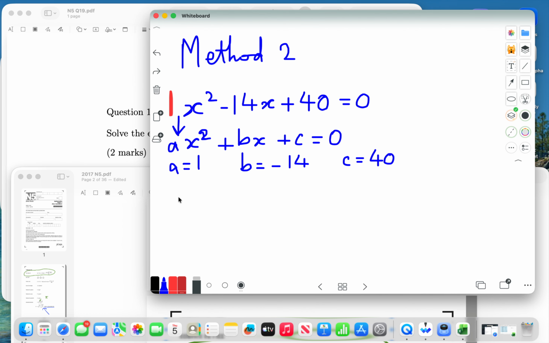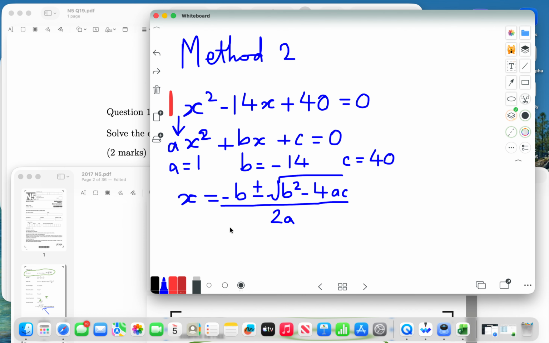And the quadratic formula is minus b plus minus the square root of b squared minus 4ac. And be very careful again, all of this from the minus b to the end of the square root is all divided by 2a.